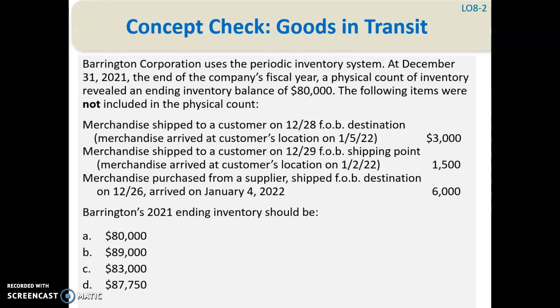And $6,000 of merchandise purchased from a supplier, shipped FOB destination on December 26th, arriving at Barrington on January 4th, 2022. Please pause your video to consider the facts and calculate Barrington's 2021 ending inventory. Once you have completed the calculation, please start the video again to check your answer.